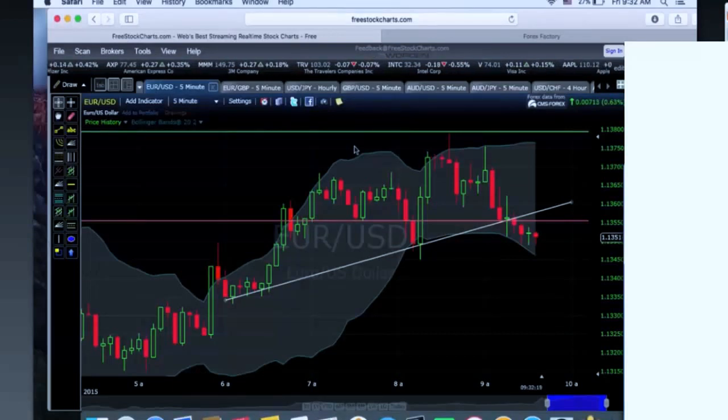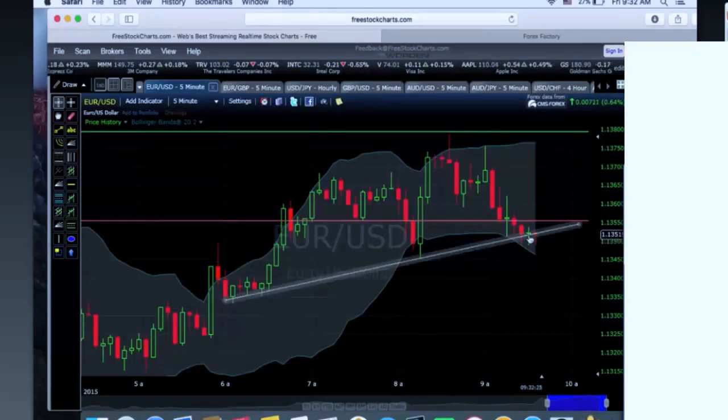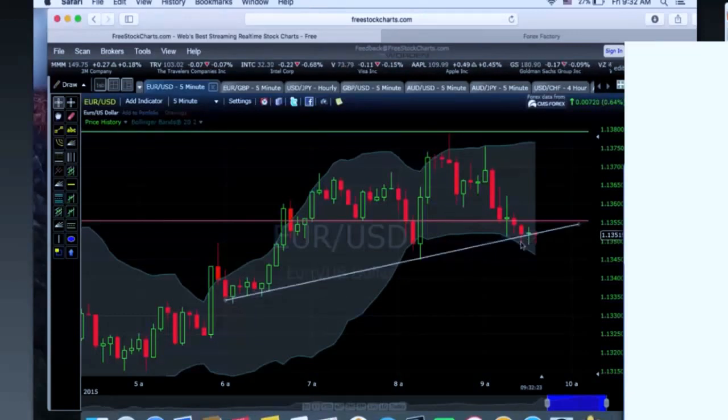If I'm moving this trend line here, on this candle, which created like a new lower high, let's see if this red candle here will close above this line.